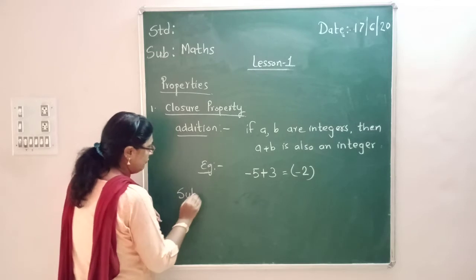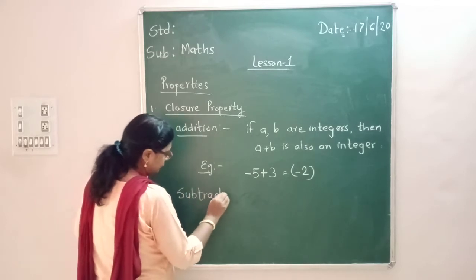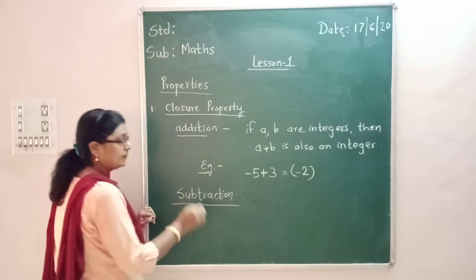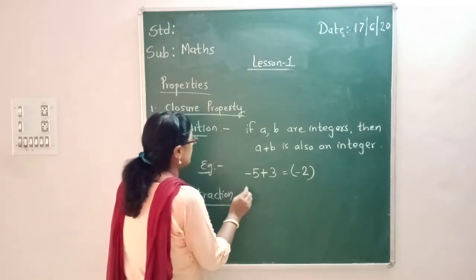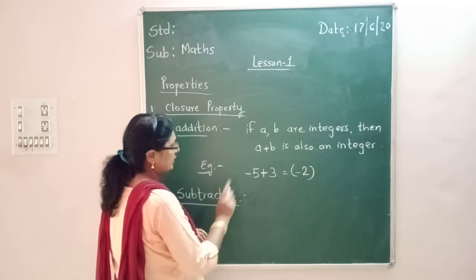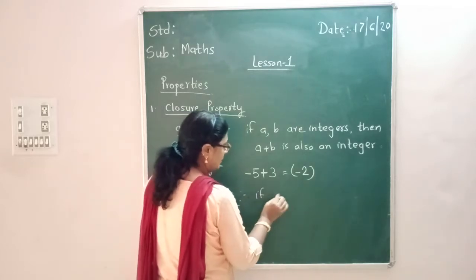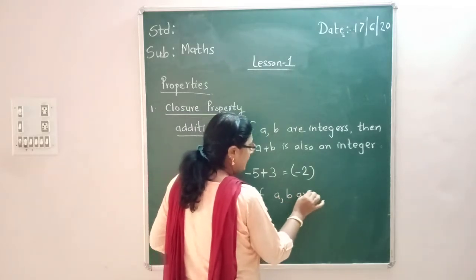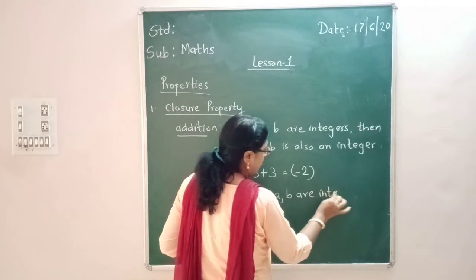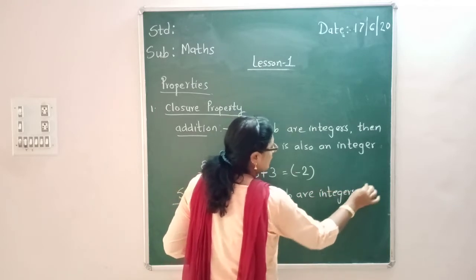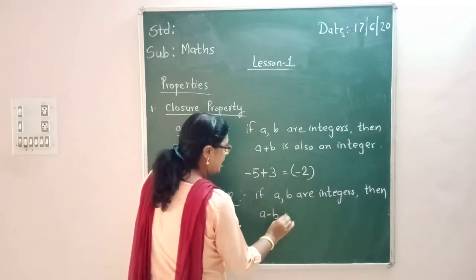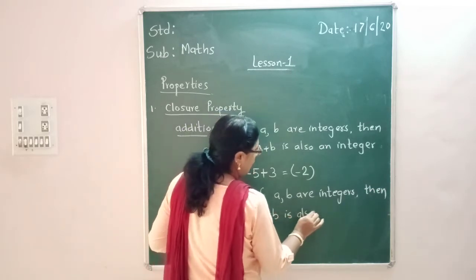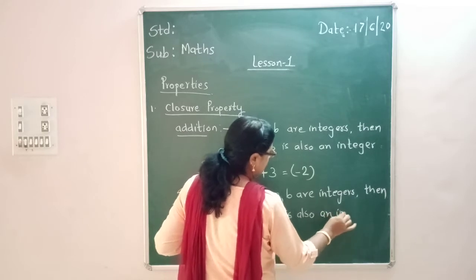Let us also check it for subtraction. Now what does the closure property for subtraction say? Same, that if A and B are integers, then A minus B is also an integer.